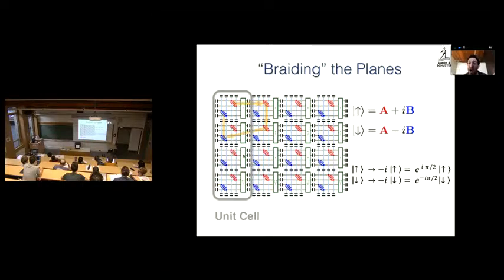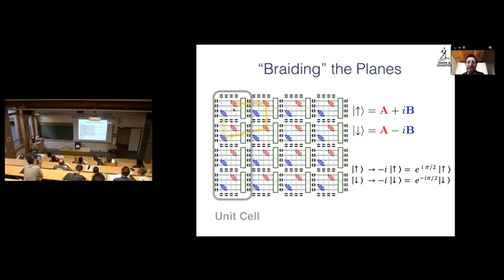This one rotates by pi, which is x to minus x and y to minus y. And this one rotates by 3 pi over 2, which is x to minus y and y to x. And so just by braiding these couplings, we can have a situation where the vector is rotated through whatever angle we want in going around a loop.